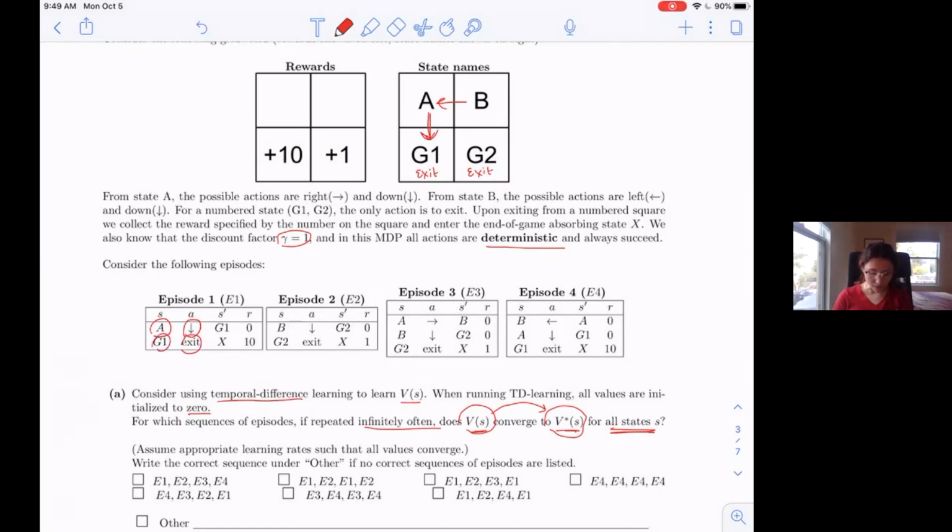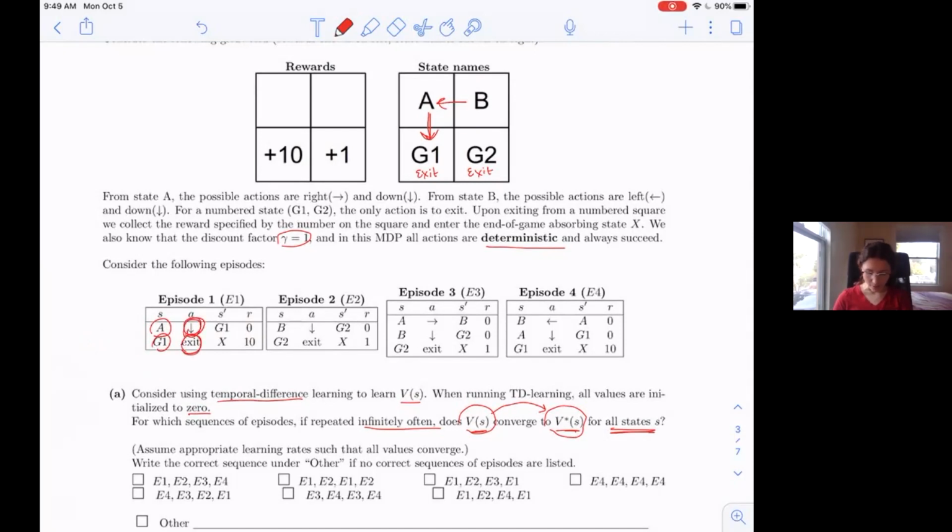But if I only saw episode 1 infinitely often, I wouldn't be able to actually learn anything about states B or G2, because they're not present in my samples at all. So just considering episode 1 on its own infinitely often isn't going to help, but it's a good start because A is behaving according to the optimal policy here, as is G1.